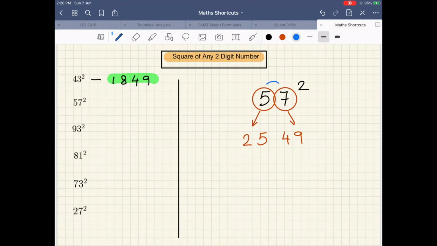Then we need to multiply the two numbers. 7 5s are 35, 35 2s are 70. Now we need to add. So 9, 4, 7 and 5 is 12 and 3. So the answer is 3249.